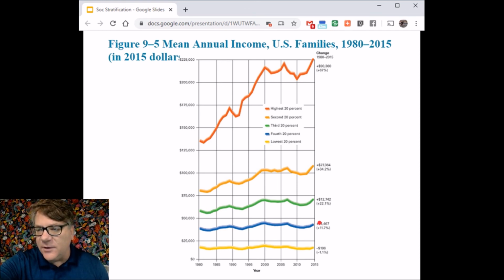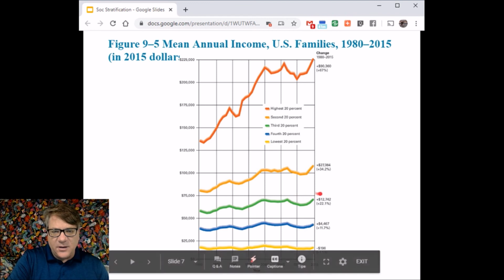Oh, that's our timer. So let's wrap this up and close down this lecture. Annual income for U.S. families over that 35-year time period actually declined for the bottom 20%. You can see what's going on here.